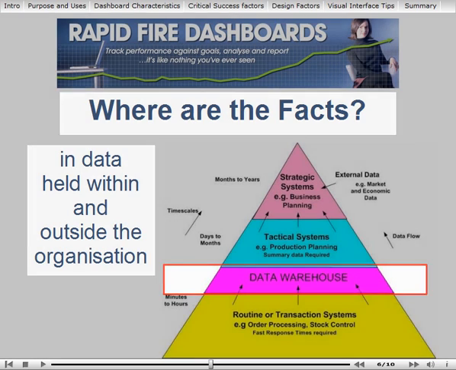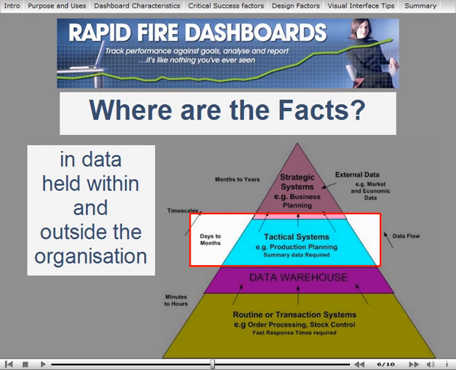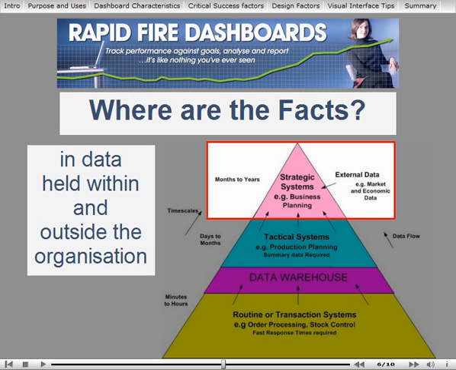Data from the warehouse or from the routine systems is fed into tactical systems that support production planning and the like. The timescales for tactical systems are days to months. Finally, there are strategic systems such as business planning and market planning.